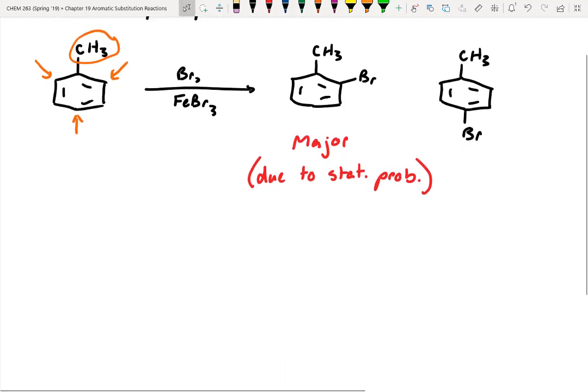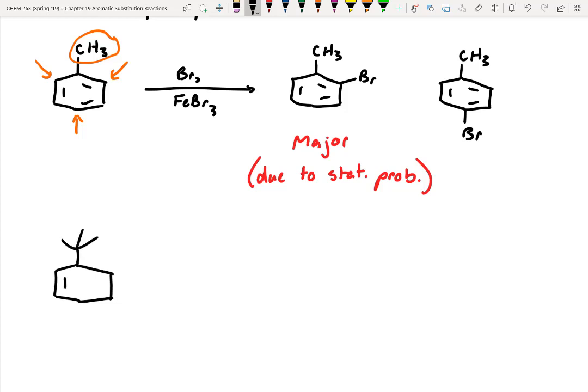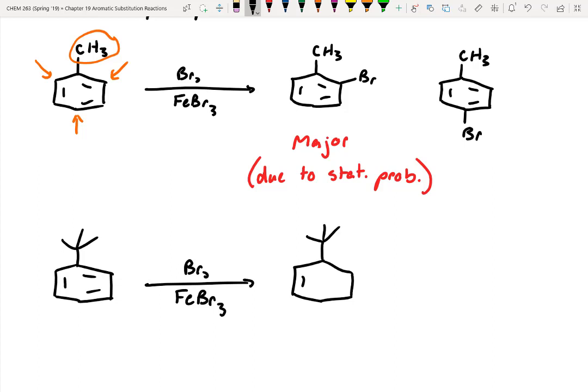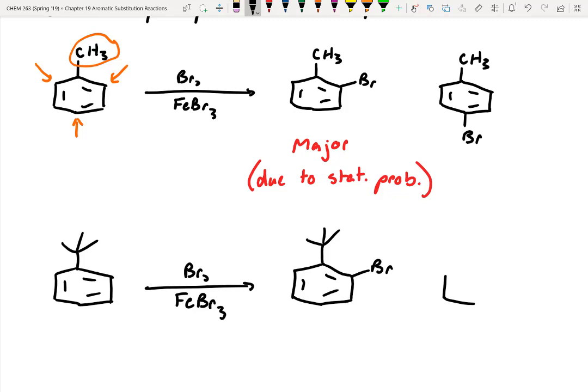All right, so let's consider this one. And let's say we've got iron tribromide. Again, we know that any alkyl group is going to be an ortho-para director. So we could end up with the bromine on the ortho position, or we could end up with that bromine off of the para position.